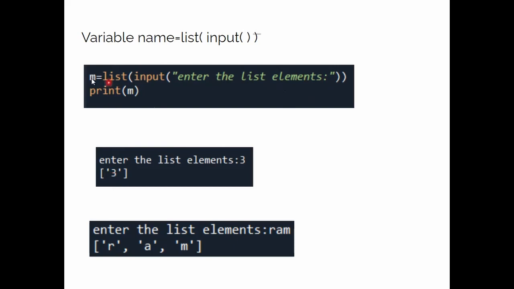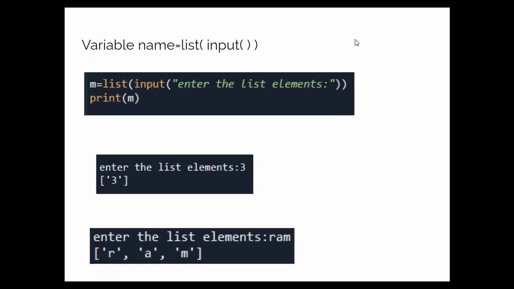Again, for the second time, if we run this instruction, it will display this kind of message. And suppose this time, when the cursor is waiting for me to type something, I type Ram. At that time, it will consider each and every character as a separate element, like R, A, M. So these are the different ways of creating a list.